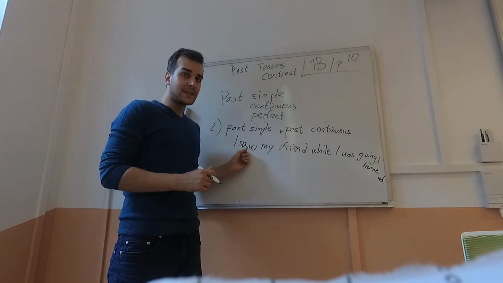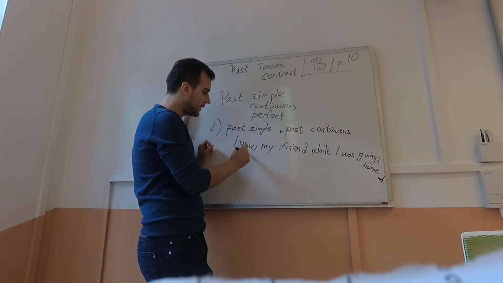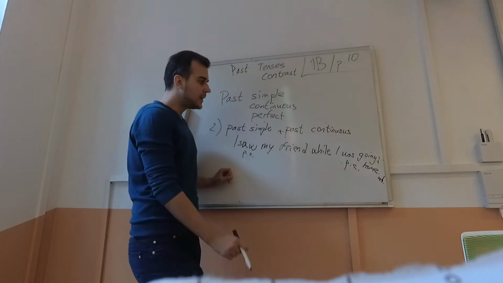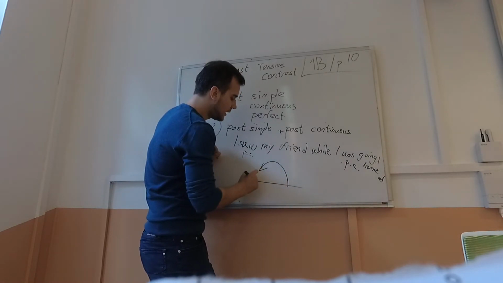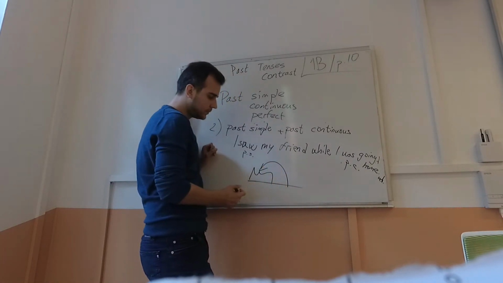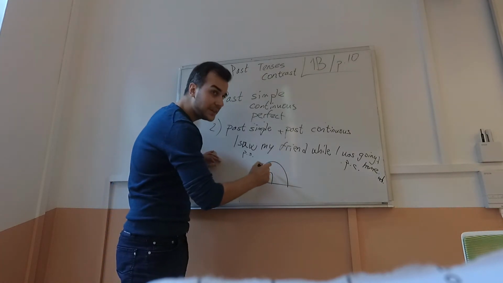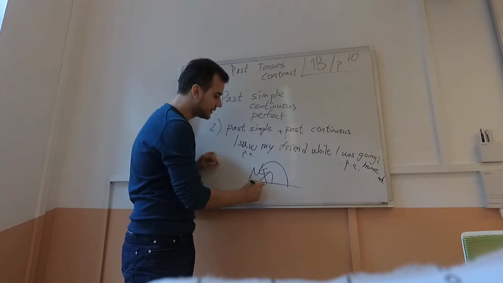Me seeing my friend happened in a very short time. So I would just say, I saw my friend is the past simple, and here I have past continuous. If you look at the timeline, it will look like this. I was going home, this action was taking some time, and then something entered this action. Something came in. I saw my friend.